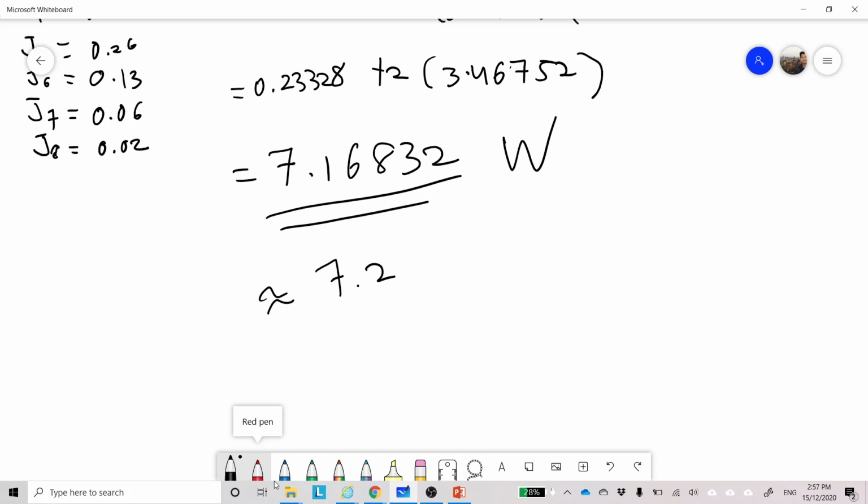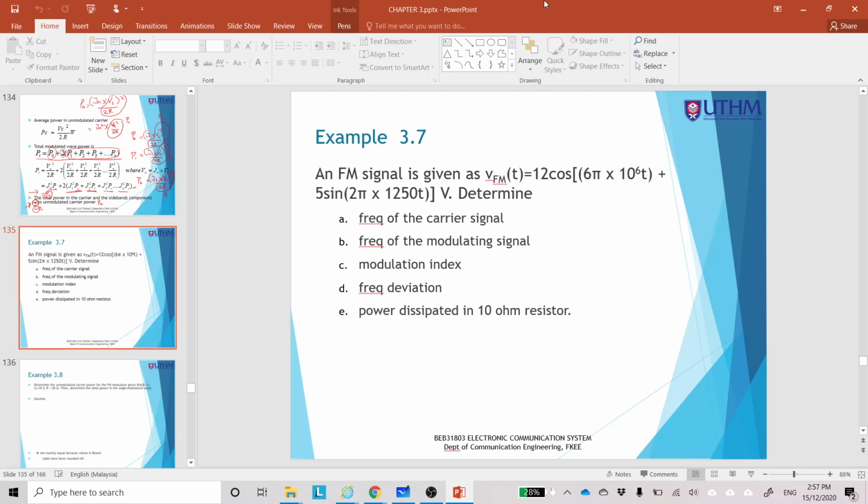Okay, so kalau you dapat dalam 7.5, which is maybe not correct. Dia cuma very small difference. Okay, so go back to the slide. So pelajar-pelajar kalau ada soalan boleh terus tanya.